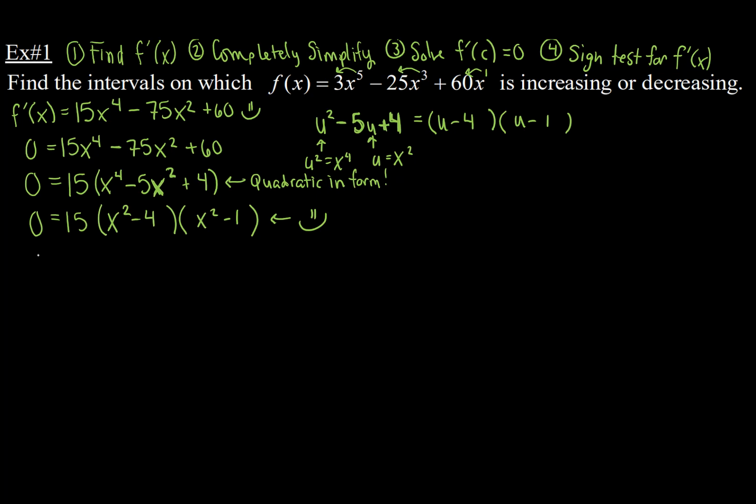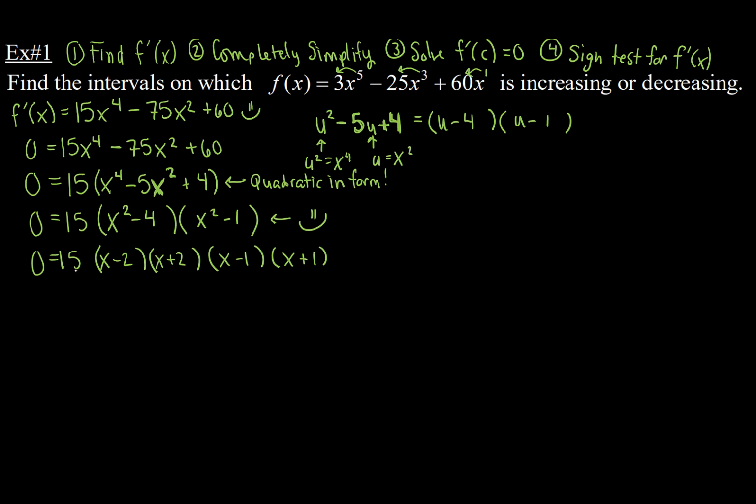in which I get super excited because both of those are very easy to factor. They're both just difference of squares. So this is going to factor into x minus 2, x plus 2. And this is going to factor into x minus 1, x plus 1.